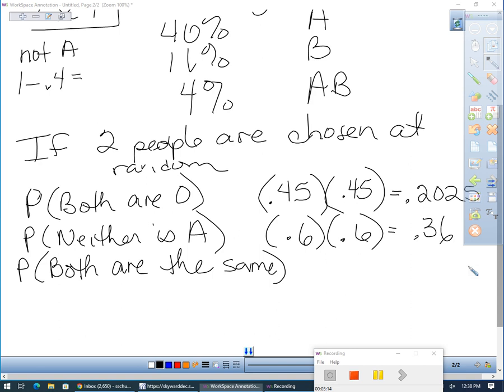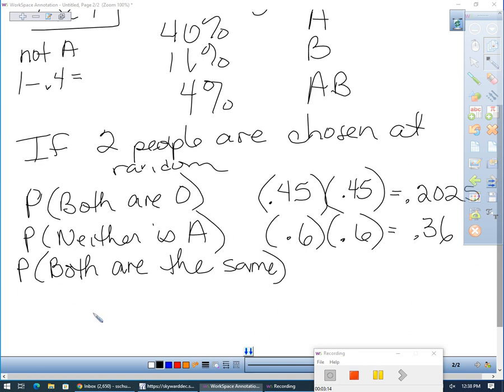You multiply the pairs. And once we find the probabilities of the pairs, then we're going to add them.